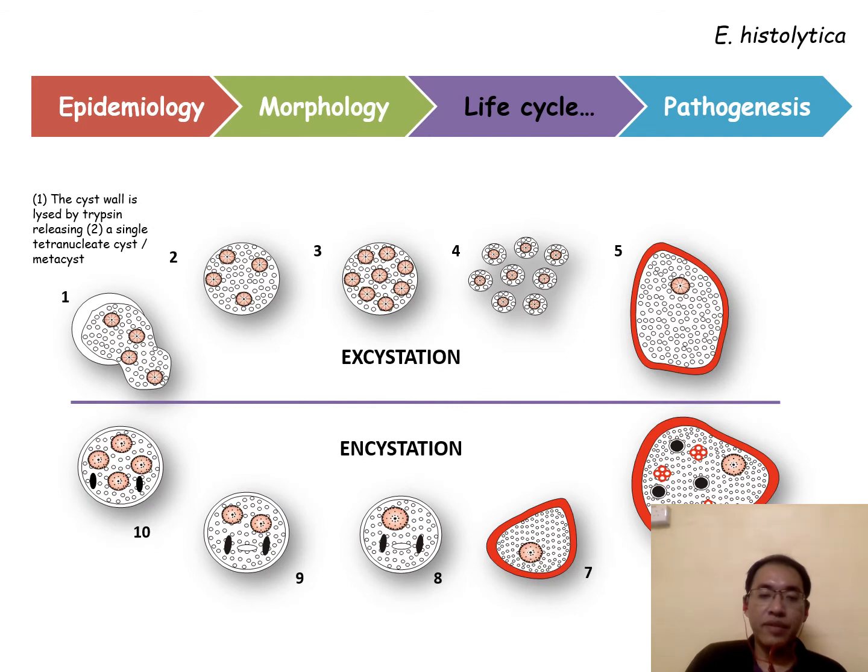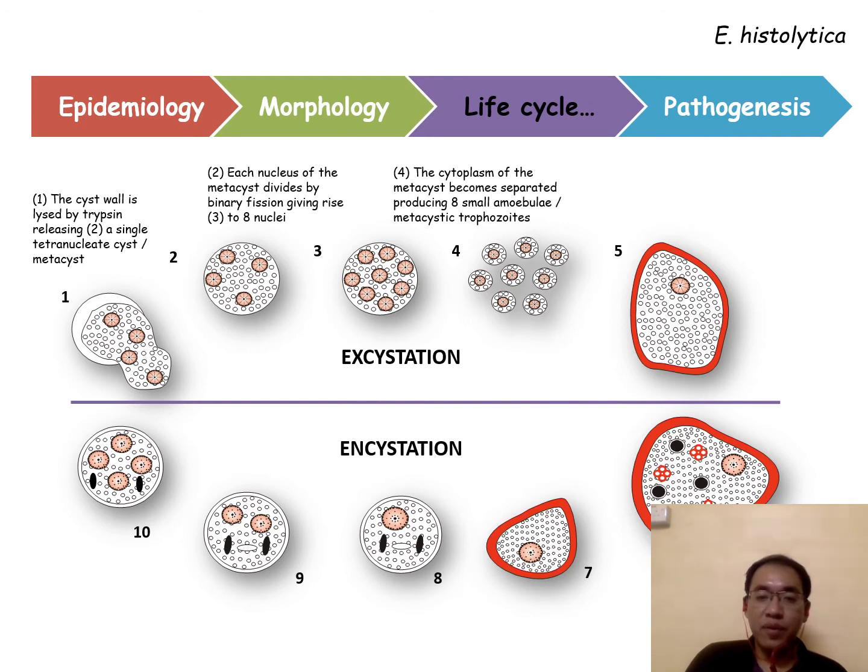Okay, this figure shows the process of excystation and encystation in the human body. First, the cyst wall is stimulated by the enzyme in the intestine, trypsin, to release a single tetranucleated metacyst into the intestine. Each nucleus of the metacyst is divided by binary fission to give rise to 8 nuclei.